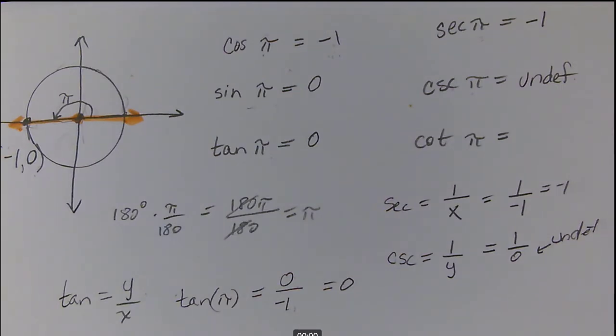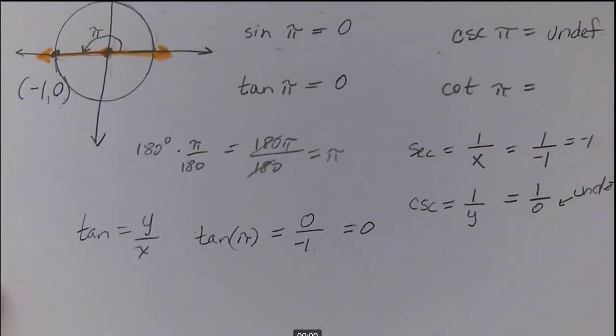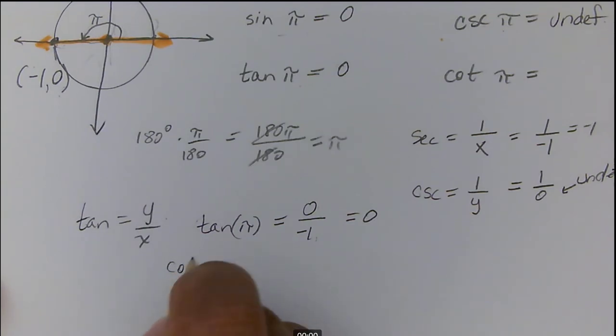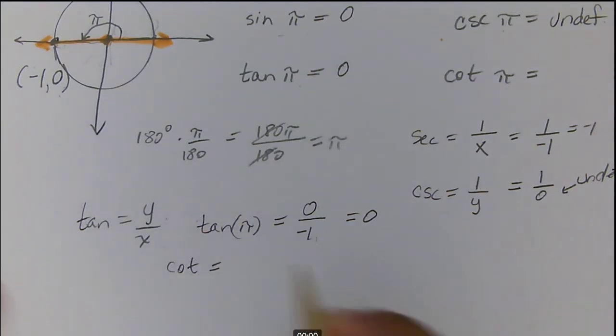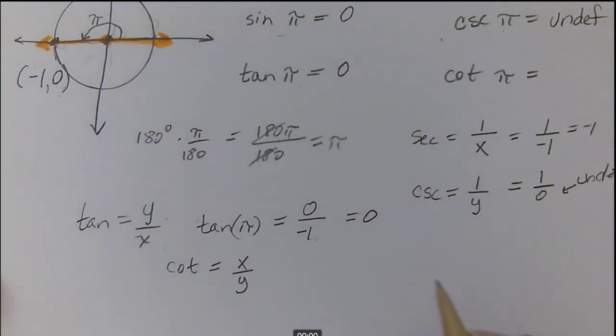And our last one is our cotangent. Now the cotangent is the opposite of the tangent. The cotangent is the opposite of the x and y. The opposite, I want to say reciprocal is the better word. So it's going to be the x over the y value.